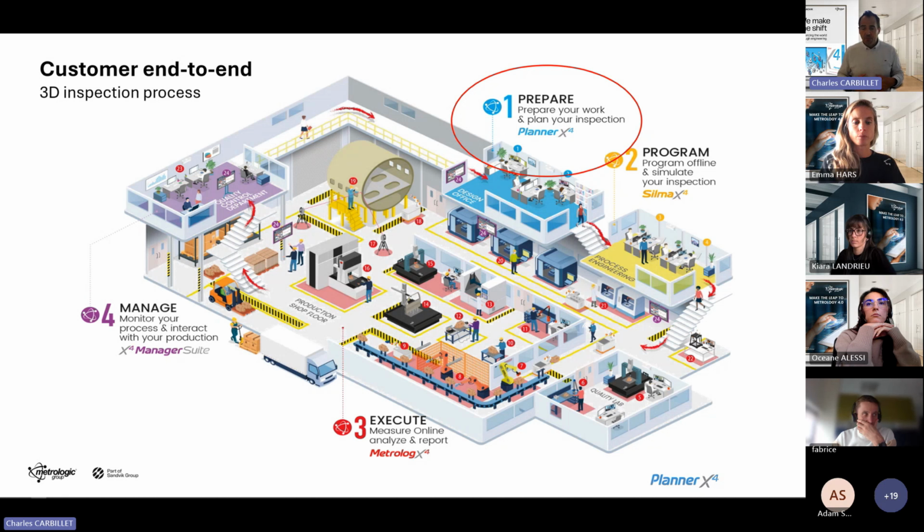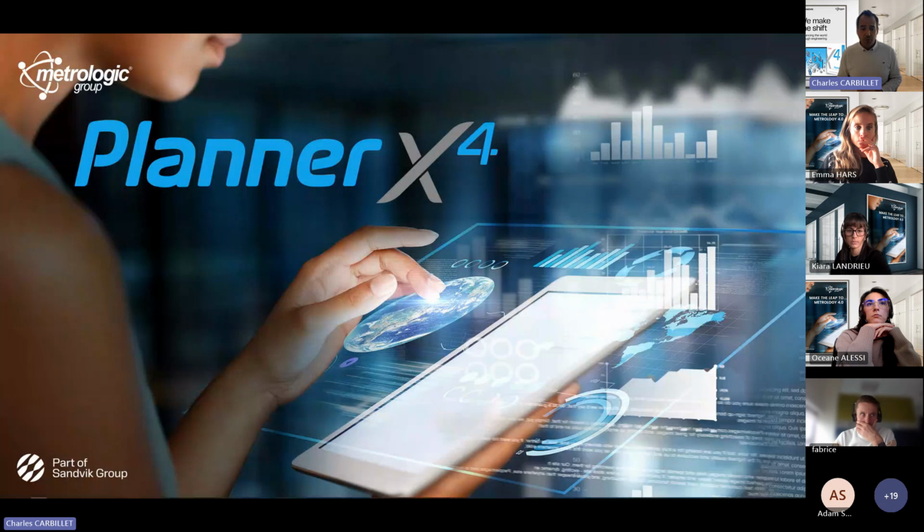That's what Planner is made for. After generating this robust information for driving the inspection, we can go directly to the shop floor, or through an offline application like Silma or other offline applications from competitors, why not? And also go to the shop floor to make the execution phase on the CMM, on arm, on portable, on automated systems. At the end, we collect the data and provide it to the last phase, which is the manage phase.